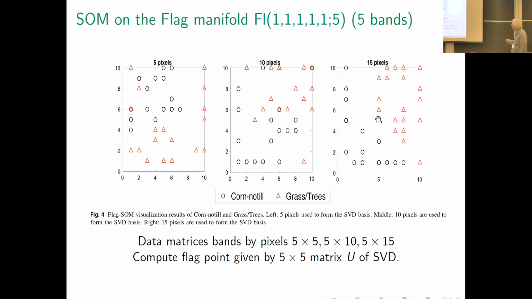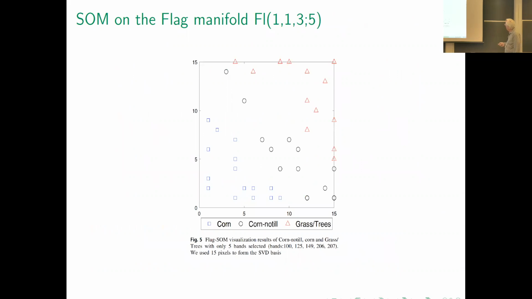So this is just a proof of concept that the flag allows me to compare large data sets where the number of data points far exceeds the intrinsic or the ambient dimension of the data. And this shows you, again, just another example, 1, 1, 3, 5. There's lots of games one can play here.